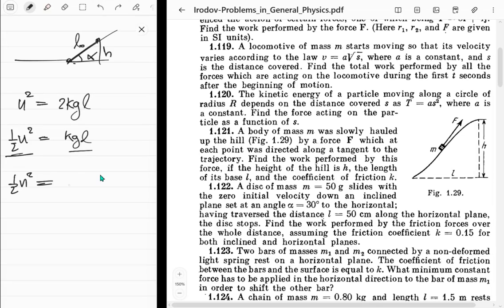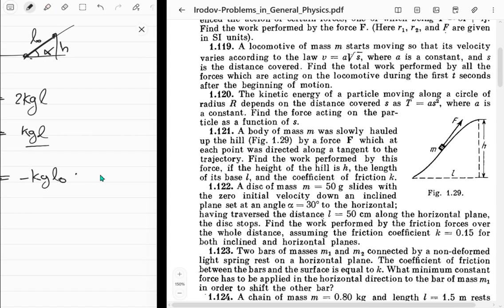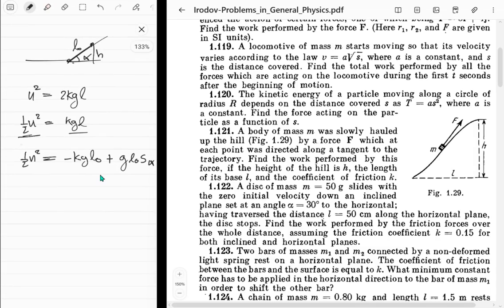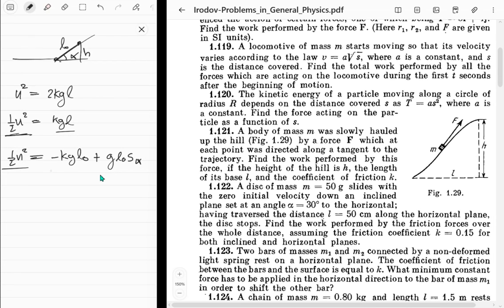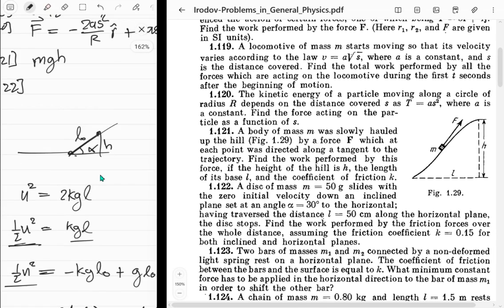So negative kg L naught and then plus mgh because that was supporting the motion. So mgh, this is gh basically. So gh, which is gl naught sine alpha, that should do it. But look, both of these are the same, so it just goes like kg times L plus L naught, which is basically the negative work done by the friction. That was just gl naught sine alpha. Cool. So just put that over there.